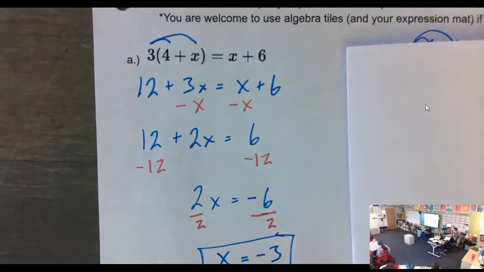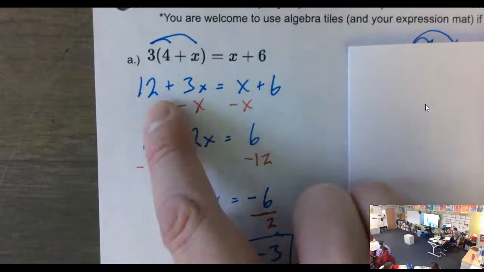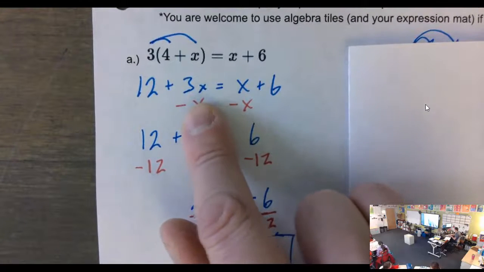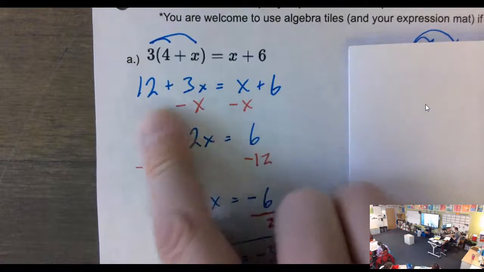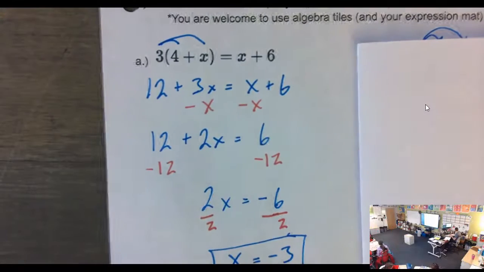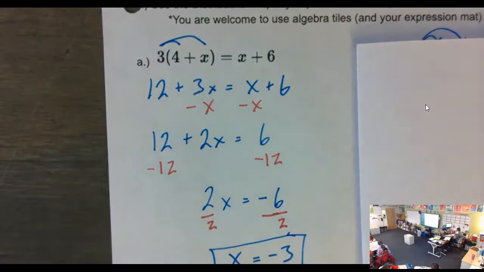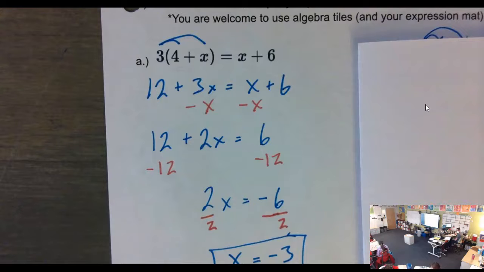I forgot to draw my arrowheads, but 3 times 4 is 12. 3 times x is 3x. Any questions on my first step here? Just my first step. Guys, I'm going slower than I would like to, but I'm trying to make sure you have time for questions.